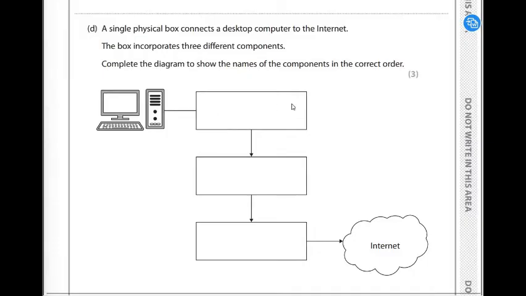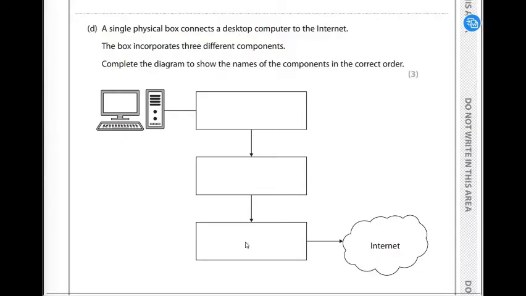Switch. So switch would go in the top one. Right, let's say you've got two switches. How do they connect? Go to the middle, router. And let's say we've got two routers. You're going to get a modem. So you've got a modem there. So you've got switch, router, modem.